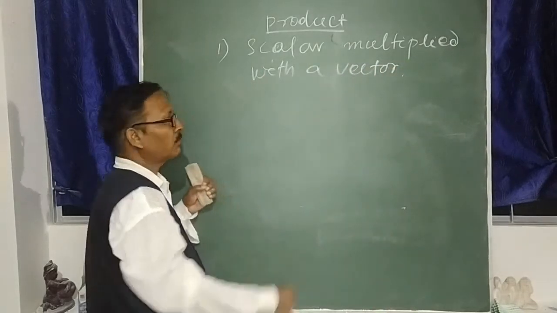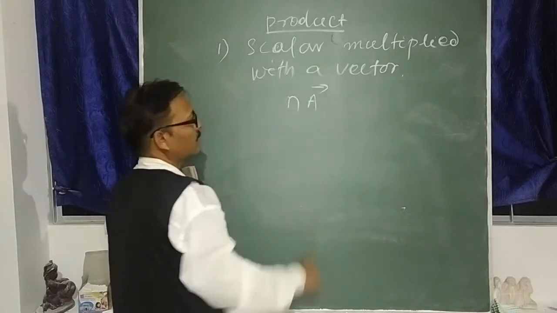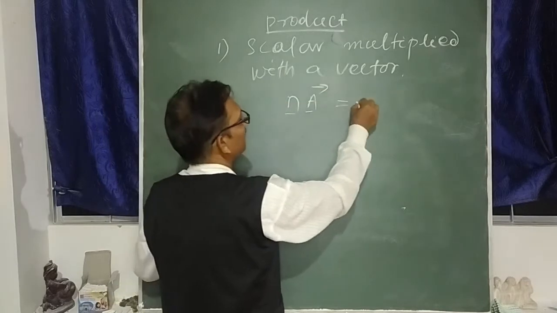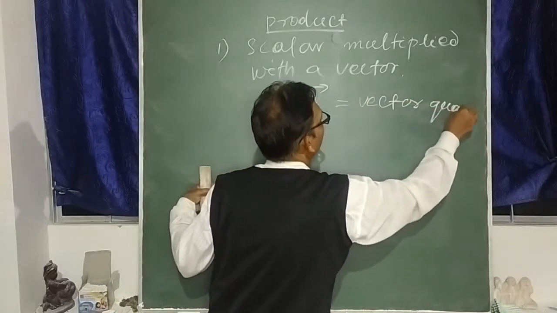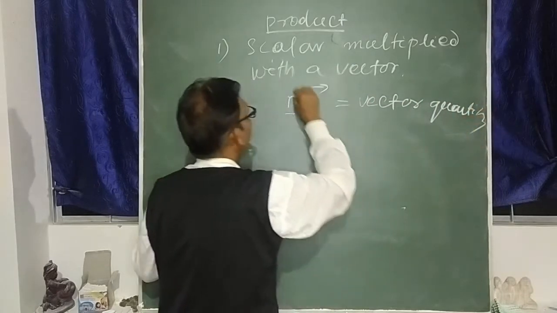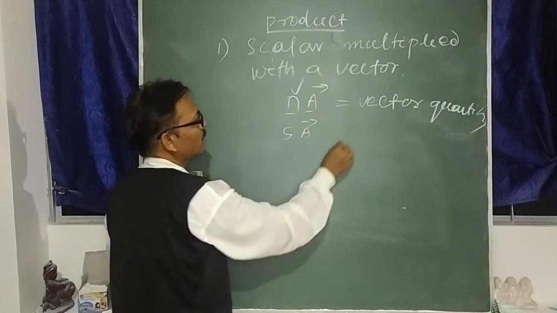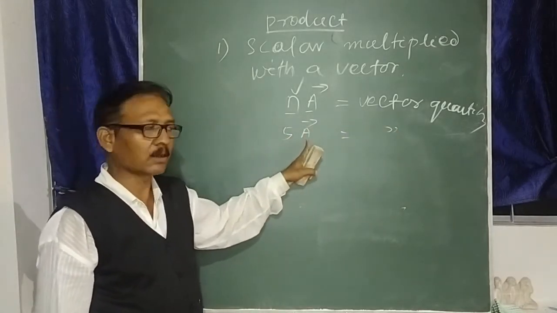Scalar means any number you take. This is n, n vector A. This is called scalar multiple of a vector. Again it is a vector quantity. If in place of n you write 5 times a vector, this is also a vector quantity.